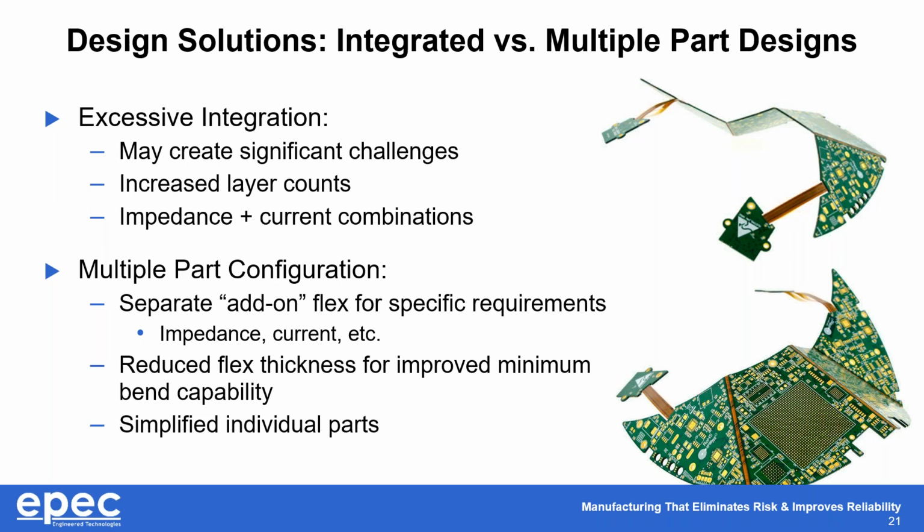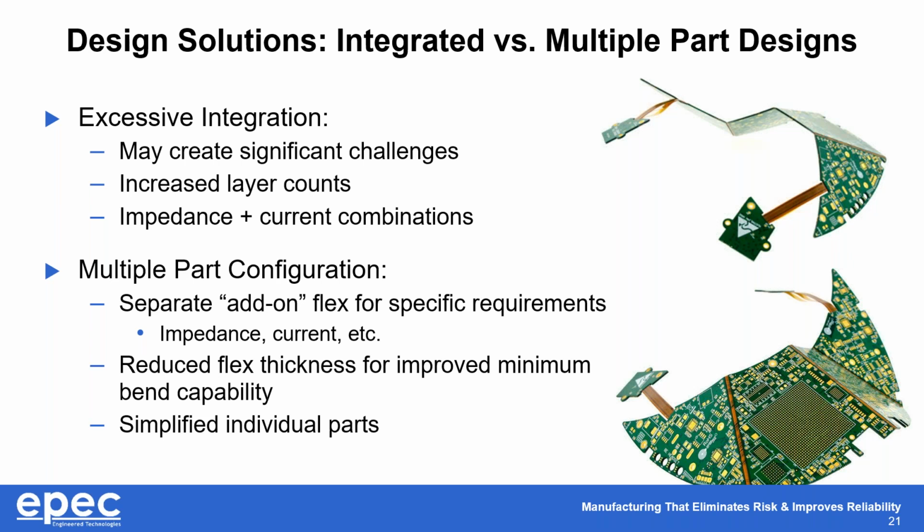Specifically, because of the high level of integration, there's a larger degree of interconnects required, limited real estate in the size and shape of the part. That inherently is going to drive up the layer count in order to achieve the routing requirements. And just tying that back into our previous section, increased layer count is the number one aspect that creates the largest challenges by having the largest impact on increasing the thickness of the flex.